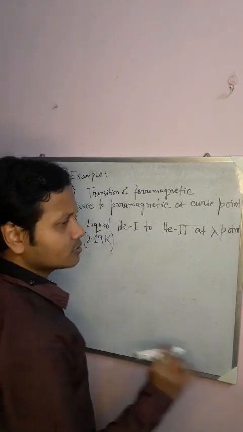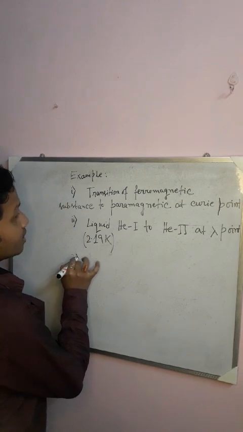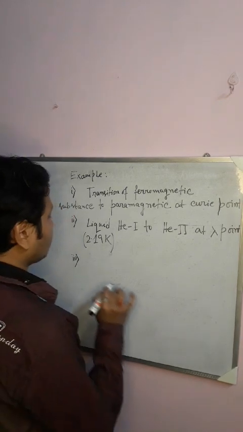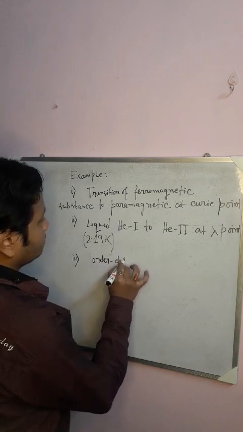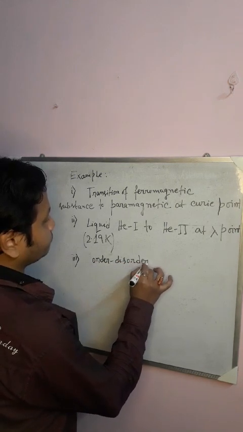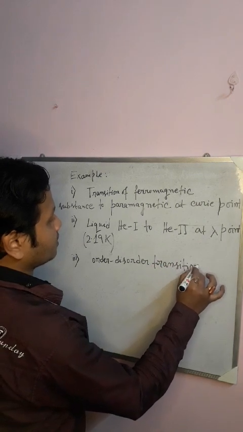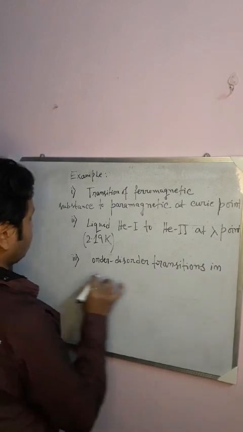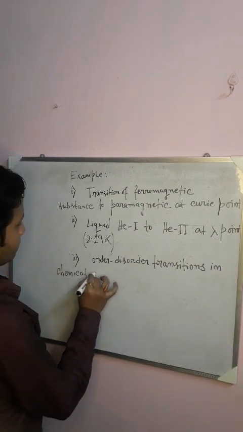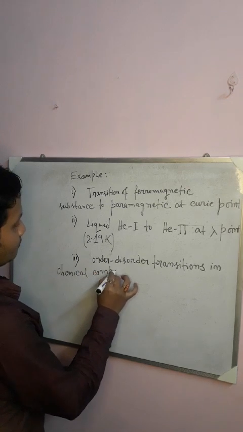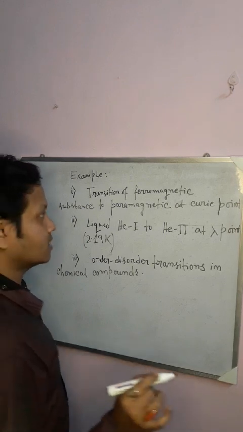These are the examples of second order phase transition, and you can also see the order-disorder transitions found in chemical compounds. These are examples of second order phase transition.